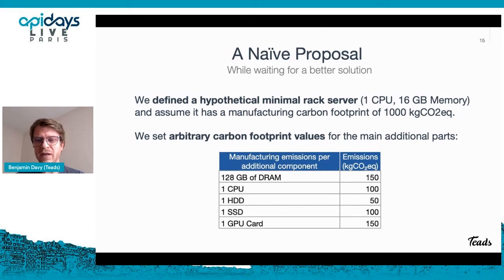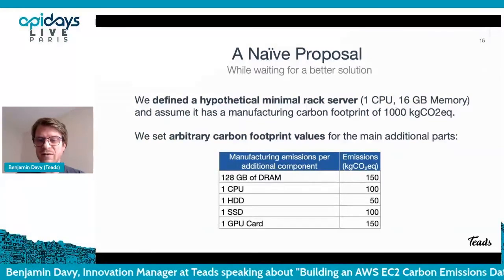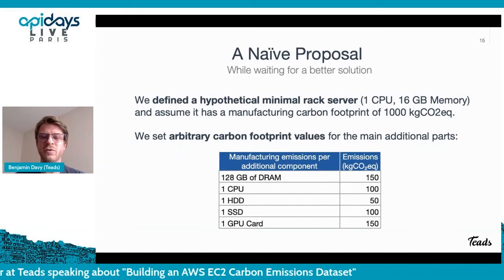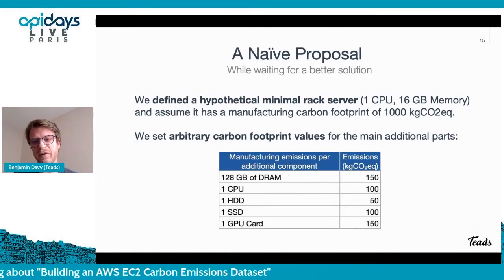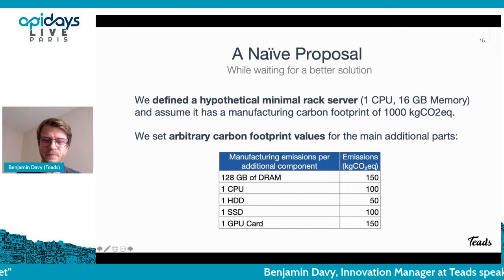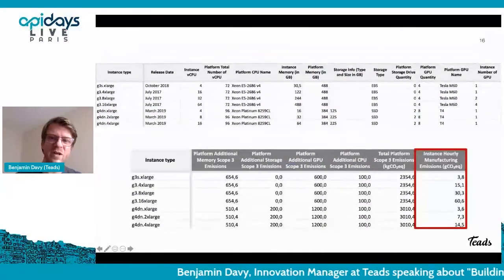But for some parts like GPUs, we didn't find any data. So the 150 kilograms of carbon emissions related to a GPU card is kind of a wild guess. Also, we define only 1 value per type of component, even if the actual manufacturing footprint can vary a lot between 2 different parts. So it's indeed a very first and naive estimation.